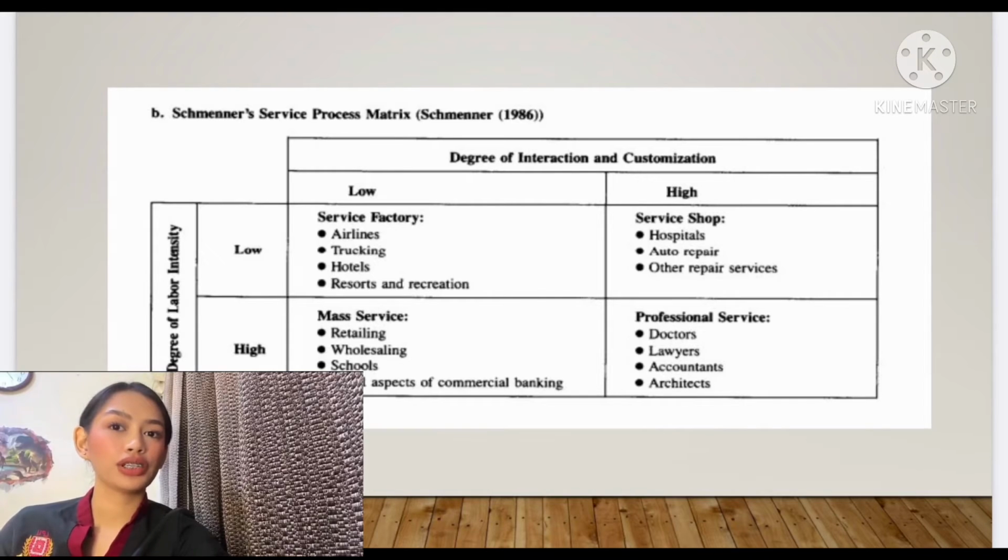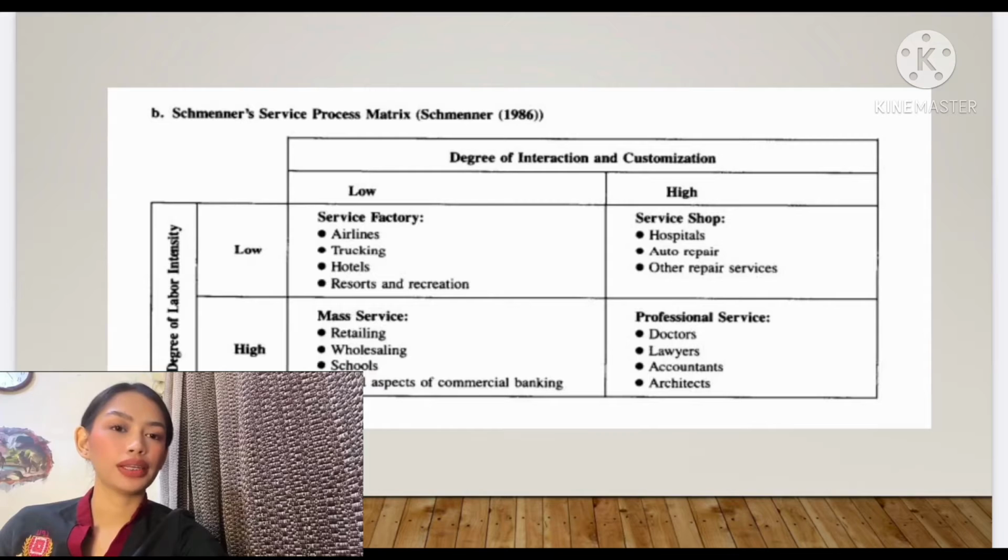Good day, I'm Rashila and I'm going to explain further about the Schmenner Service Process Matrix or the Schmenner 1986. So let me start by why he came up with this type of idea or topic.